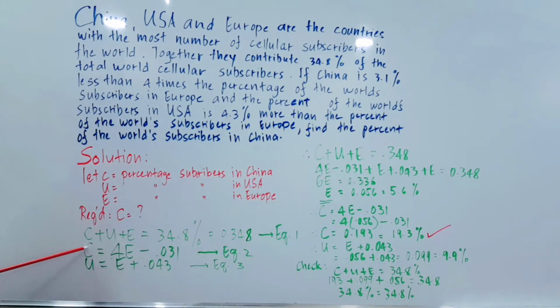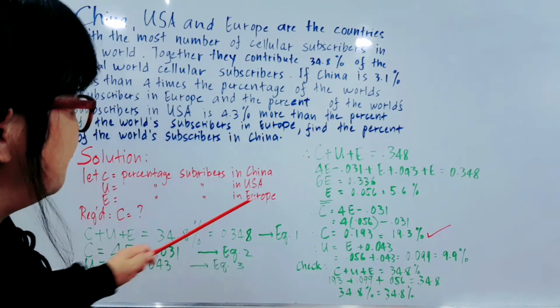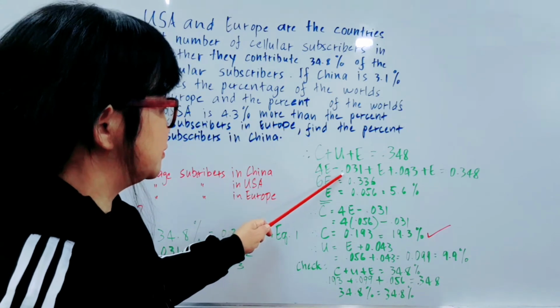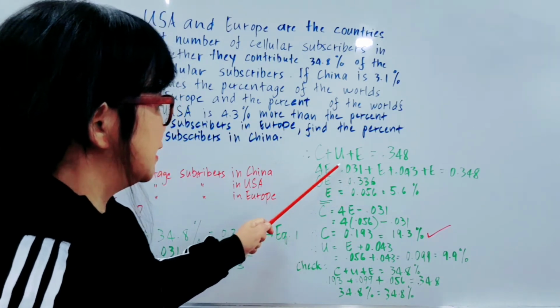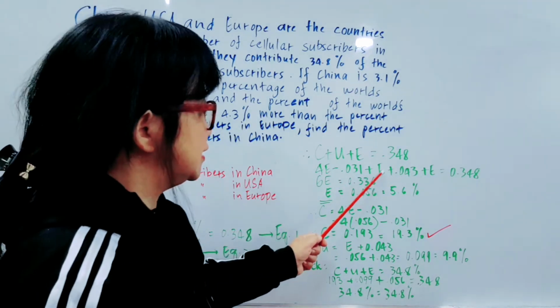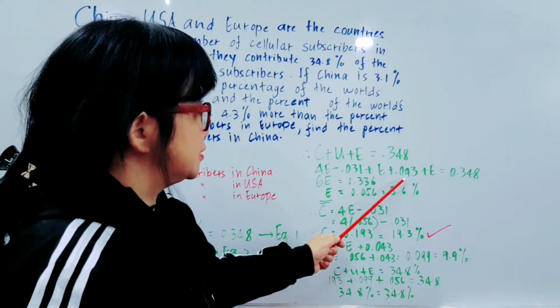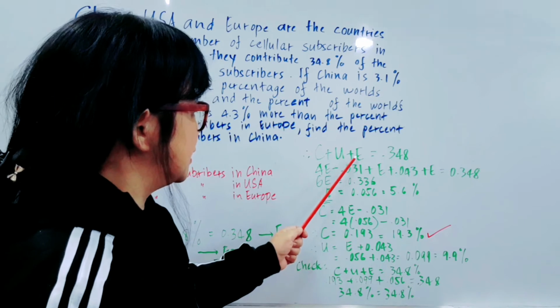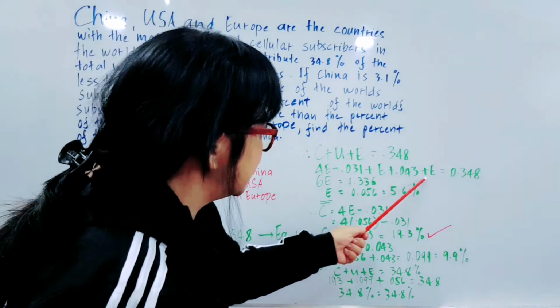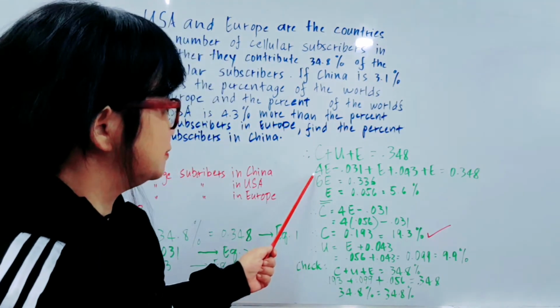So, meron tayong value ng C which is 4E minus 0.031. So, substitute natin yung C, 4E minus 0.031 plus ang value ng U which is from equation 3, E plus 0.043, plus E. So, dito, isang variable na lang, E. So, masolve na natin yan.